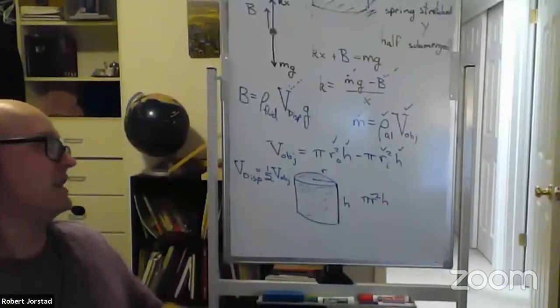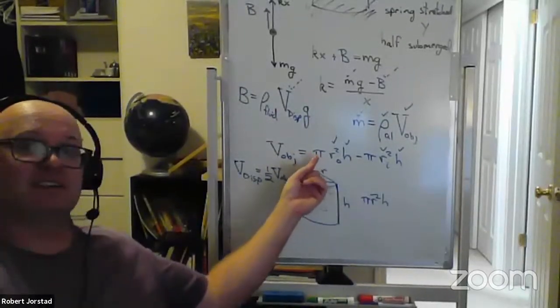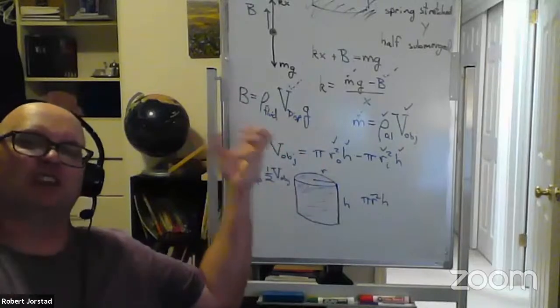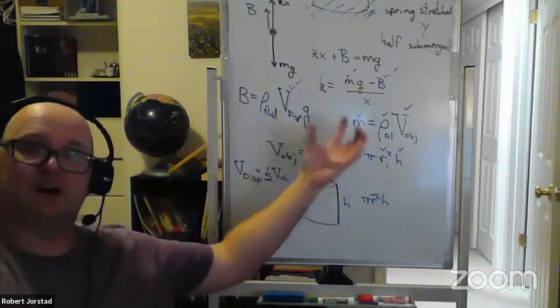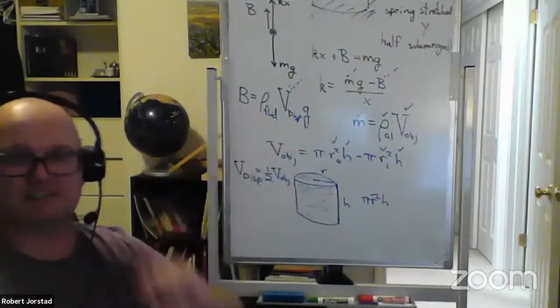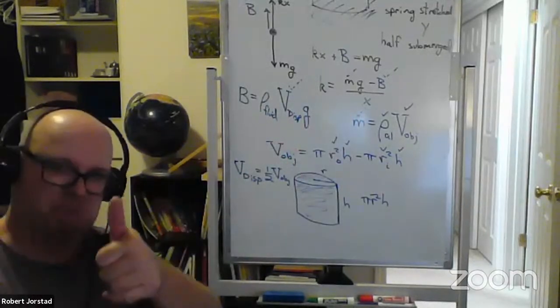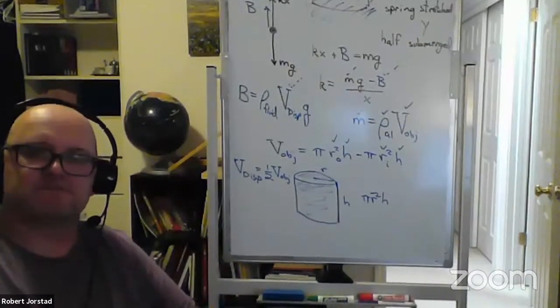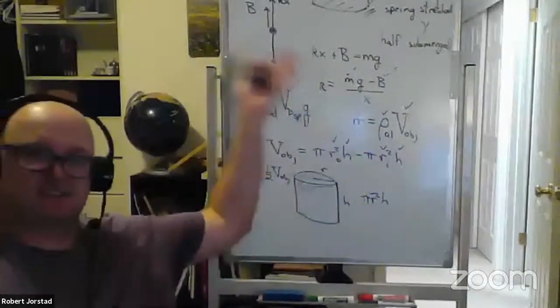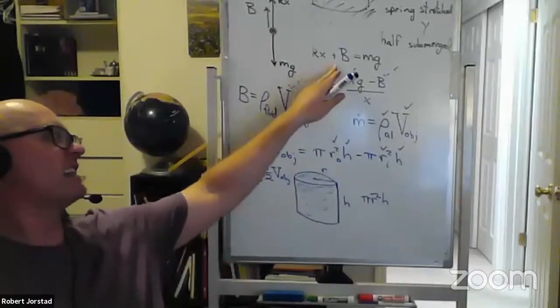So again, the volume of the object is still the volume of aluminum present, so that's with the hole. The volume displaced is treat it like a solid cylinder with Flex Seal. Okay, so we can ignore the top part then. Everything else is the same. This is still exactly the same.